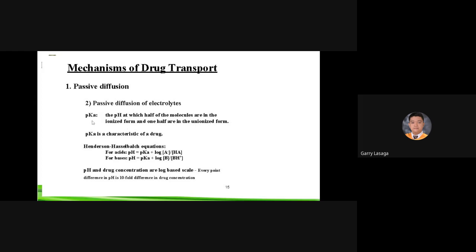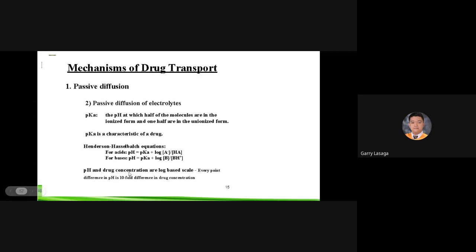When we say pKa, that refers to the pH at which half of the molecules are in the ionized form and one half are in the unionized form. Meaning that the proportion of the ionized to unionized form of the drug is equal to 1. So 1 is to 1 ang kanilang proportion, meaning equal ang amount ng ionized at unionized form at a particular pH, environmental pH.